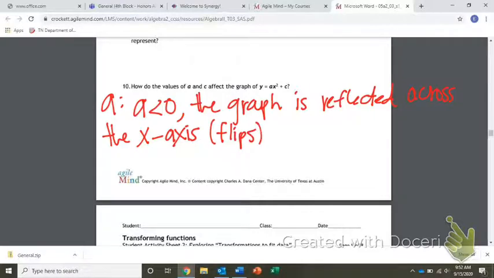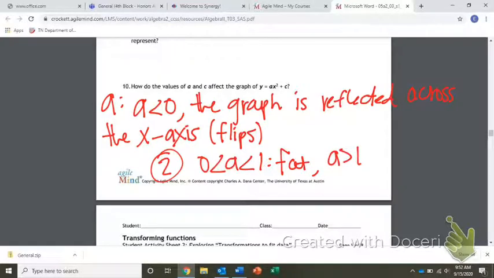Okay, that's the first thing it does. Then, the second thing it does is if that number is between 0 and 1, it is fat. And if A is greater than 1, then it becomes tall.